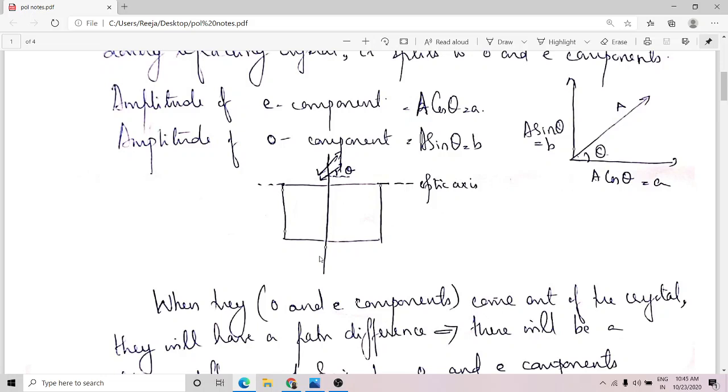Our O and E components can be considered as simple harmonic motions vibrating at right angles to each other, one along the x-axis and the other along the y-axis, with a phase difference of delta.